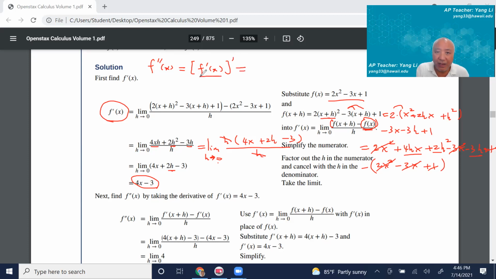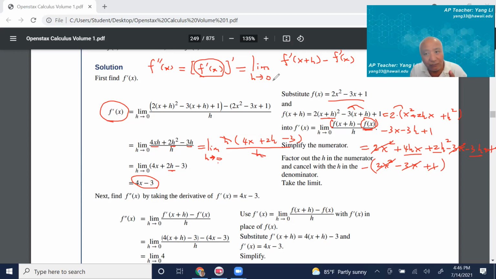You just treat this one as another function and follow the definition of the derivative. You have the limit as h approaches 0 of f prime of (x plus h) minus f prime of x, divided by h.